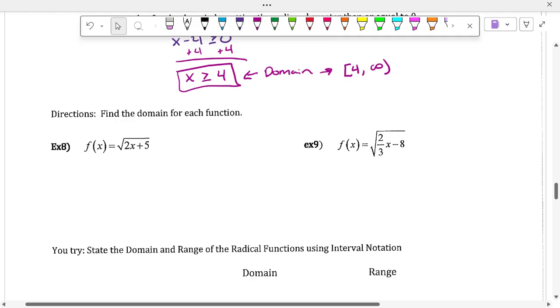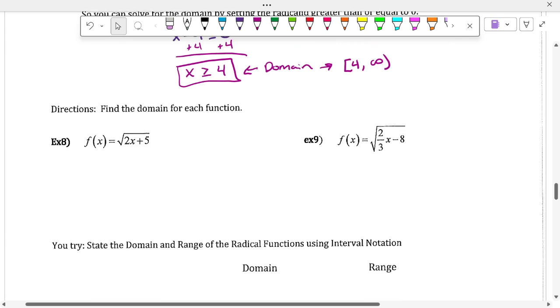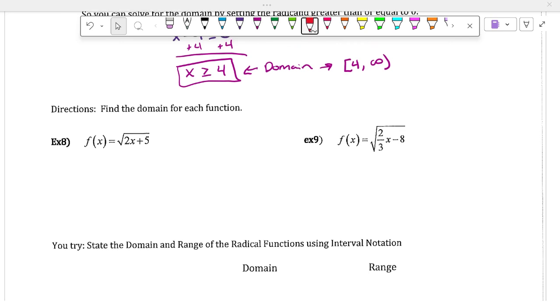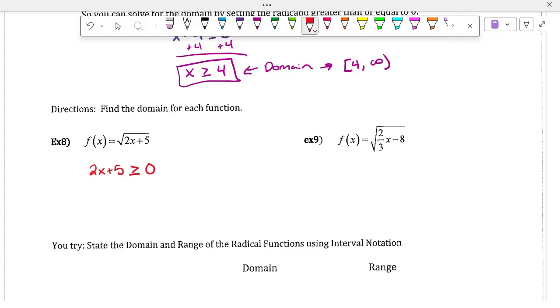All right, so first off, for example 8, I'm going to set 2x plus 5 to be greater than or equal to 0. What's my next step? So I'm solving for x. We're going to subtract 5 from both sides.